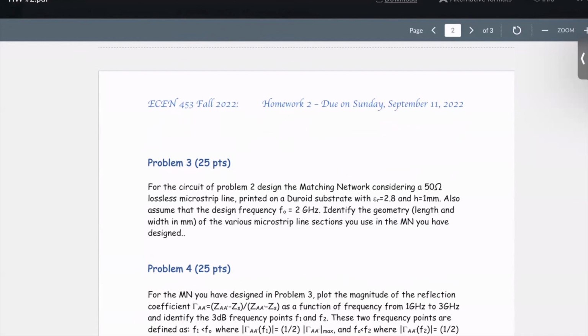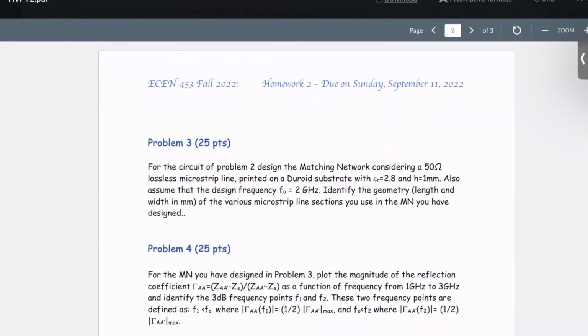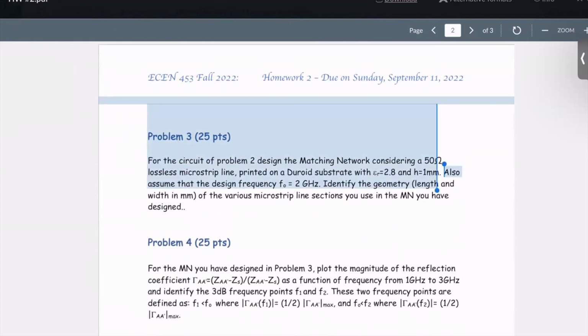So you should be able to find W. The only thing you need to find is the width of the microstrip lines, because the lengths you found from the design. Yes, only the width, with the epsilon and H that I gave you, and it is very specific.